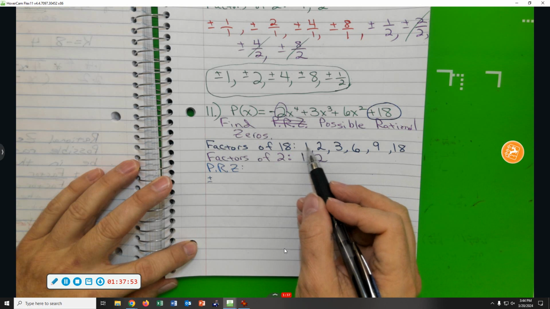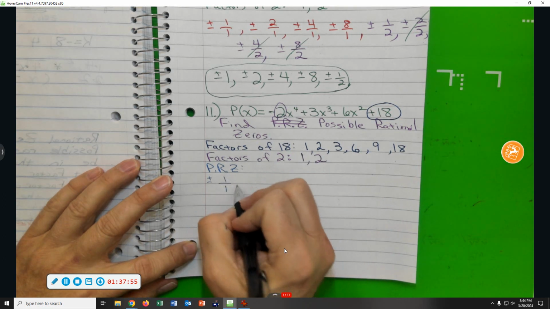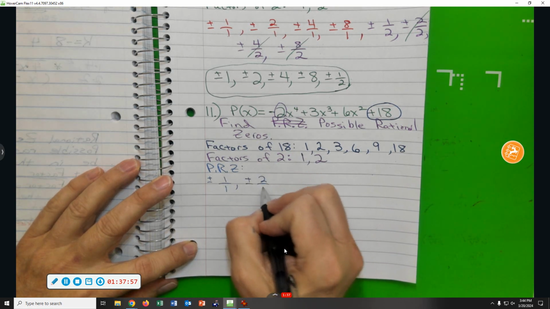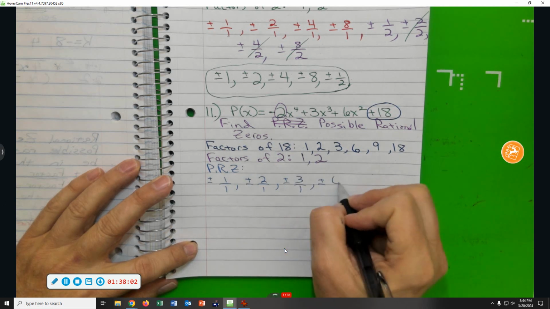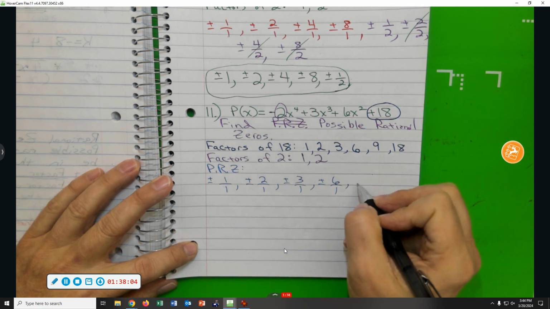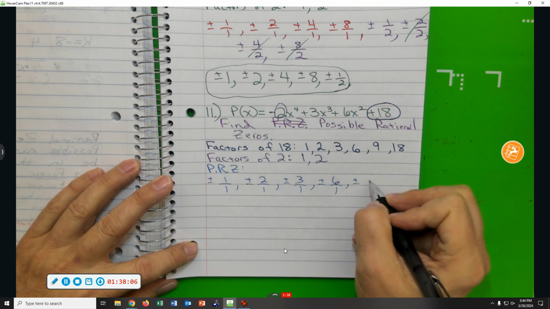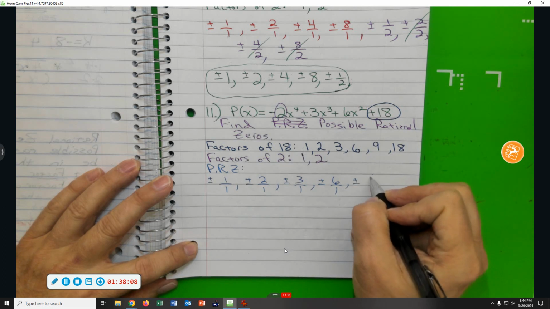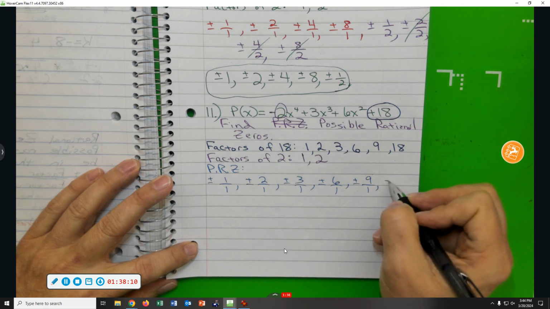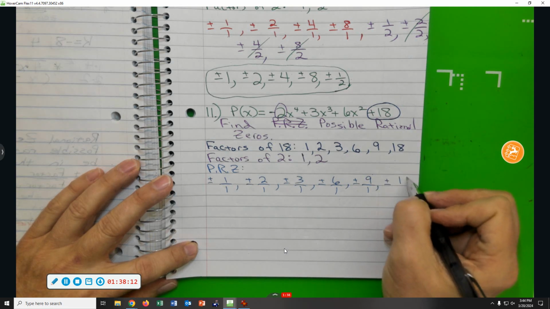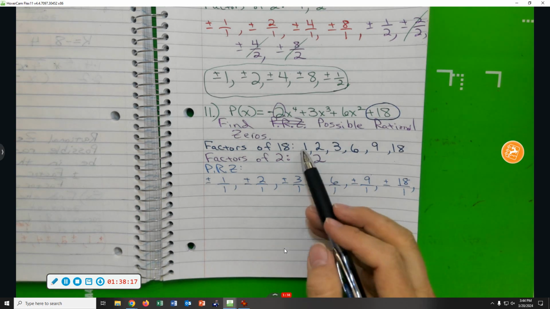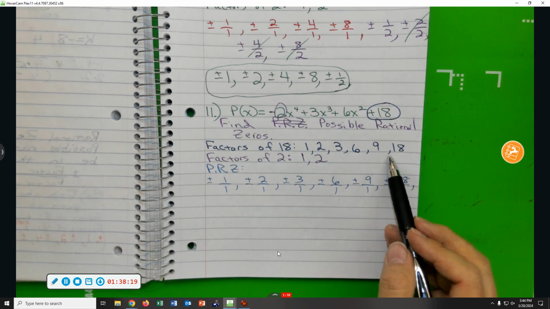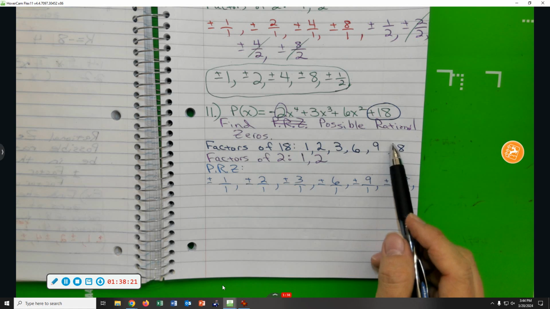Oh. You take 1 over 1, 2 over 1, 3 over 1, 6 over 1. What's the next one? 9 over 1 and 18 over 1. And then we take all of those numbers and we put them over 2.